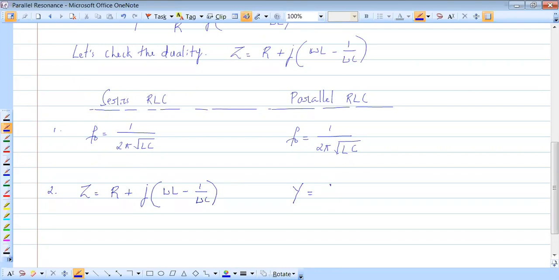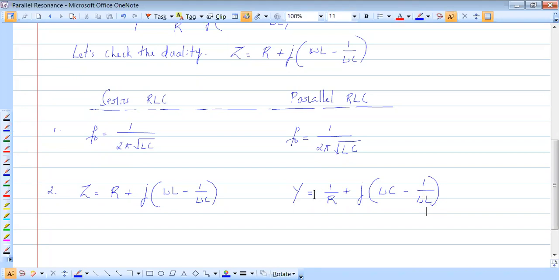So R would become 1 by R. Nothing will happen to j, only R, L, C would change. Omega would also not change. In place of L, we need to have C, and in place of C, we need to have L. Is everybody okay with this?